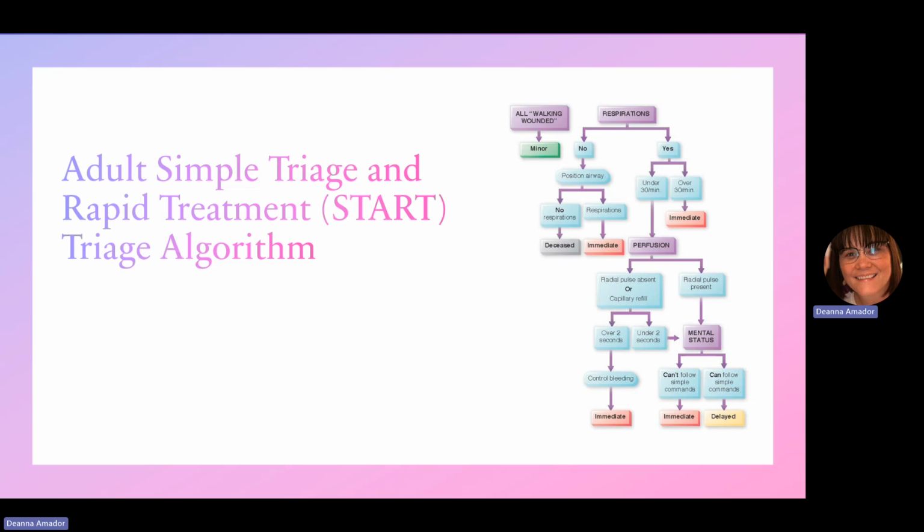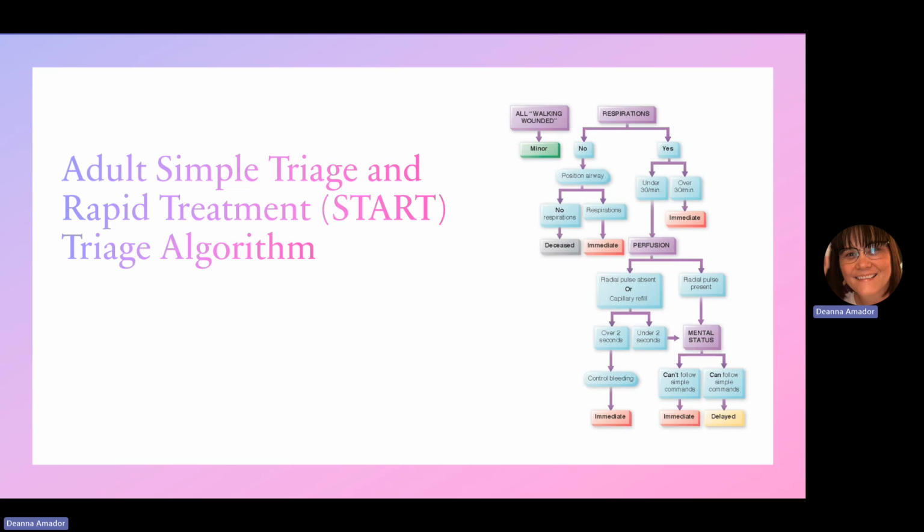Patients with respirations greater than 30 breaths per minute, or capillary refill longer than 2 seconds, or lack a radial pulse, or are unable to follow simple directions are also tagged red, triage tag or immediate. The remaining are tagged delayed or given a yellow tag. So those immediate ones, be aware of that red triage with the START.